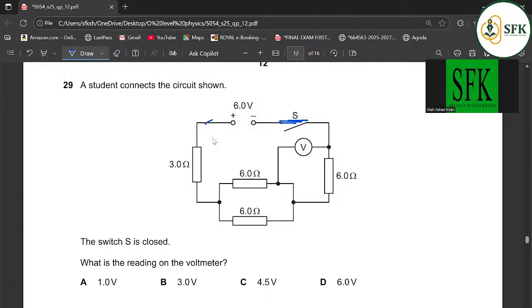Let's see what we can do. The current comes out from here. It's gonna split here. Obviously, this terminal is going to be at 0 volts because it's connected to the negative terminal of the battery. We just need to figure out what's the voltage at the other terminal of the voltmeter.